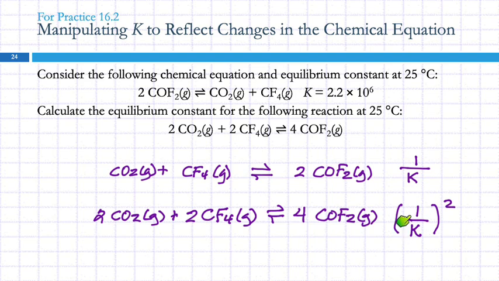So let's apply these operations to our rate constant there. I'm sorry, equilibrium constant. Our rate constant's on the brain. So we could do 1 divided by 2.2 times 10 to the 6, and then square that. And since they gave us 2 sig figs, it's probably 2 sig figs, 2.1 times 10 to the minus 13.